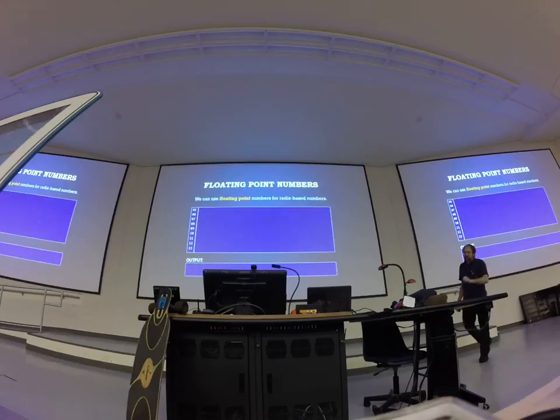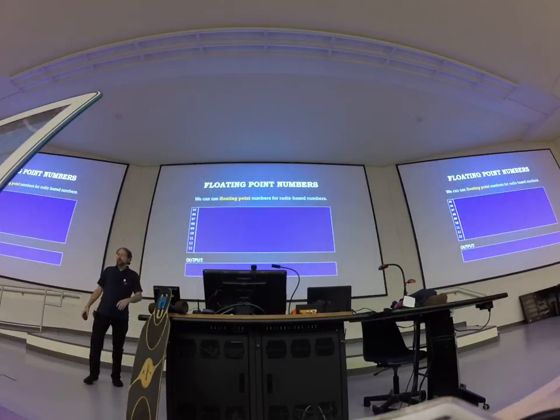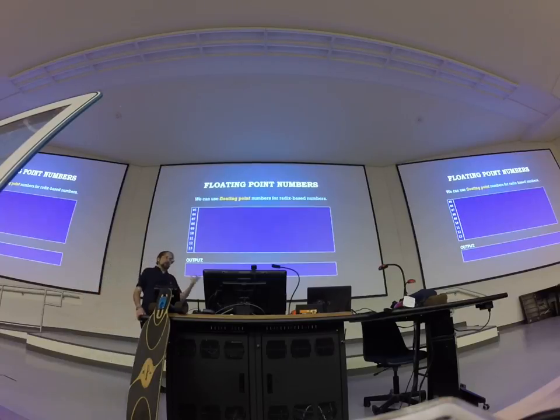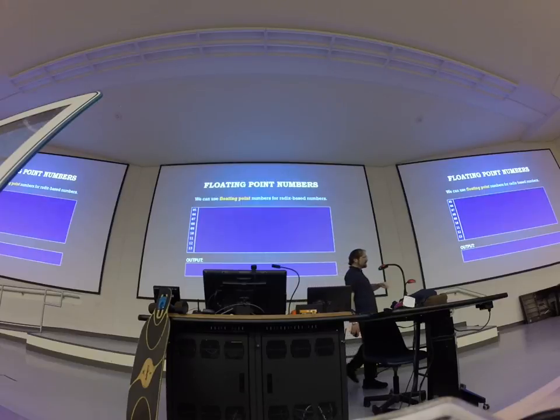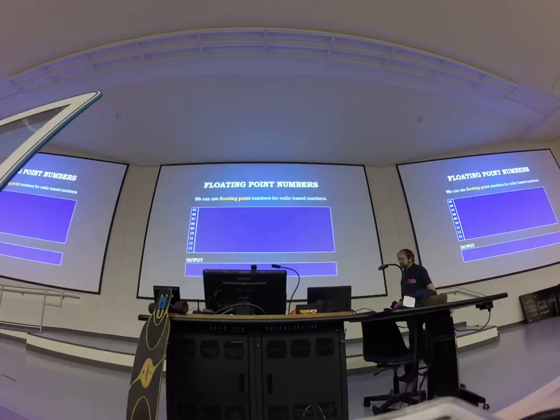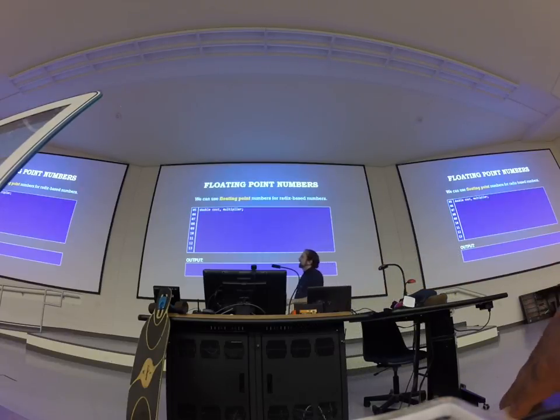We can use these types of numbers to represent fractions and portions, like not whole numbers, numbers with parts of a number on the other side of the radix, the other side of the period. So like 6.5 or 7.667 or whatever, right? That's what a floating point number is.